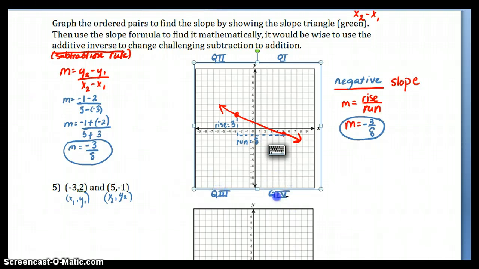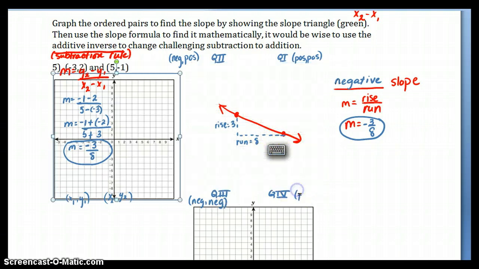IV is 4. We're going to be using this idea of quadrant 1 is positive, positive for the x and y coordinates. Quadrant 2 is negative, positive. Quadrant 3 is negative, negative for the x and y coordinates. And quadrant 4 is positive, negative.